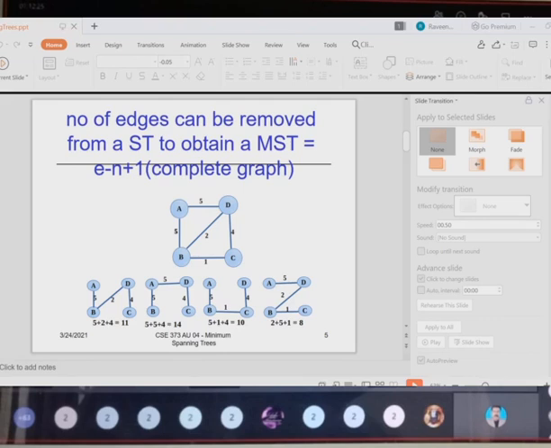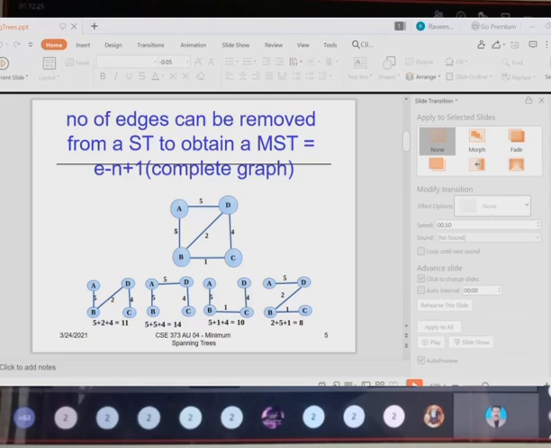And for any spanning tree, inserting a new edge creates a cycle. If any graph contains a cycle, then it is not a tree at all. So if that condition fails, we cannot obtain a spanning tree or a minimum spanning tree.